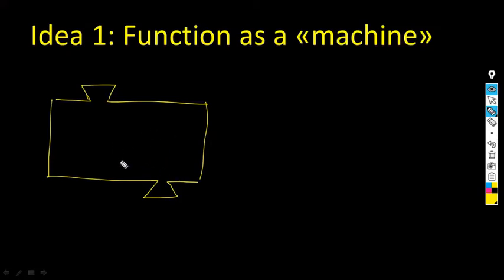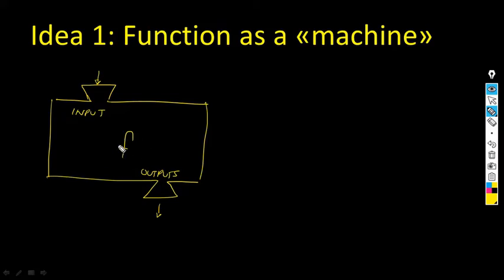I'm going to call this machine F. And these two little things in here are something like places to place an input and a place that outputs something. Because that's what machines do, right? Machines take some input, some material, and then they do some processing on the input, and then they give you some output.